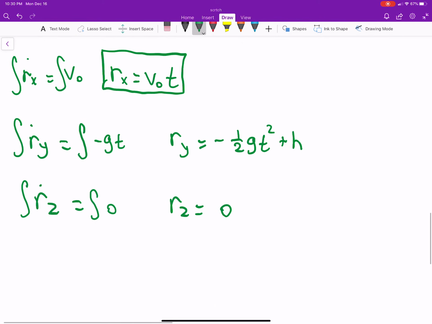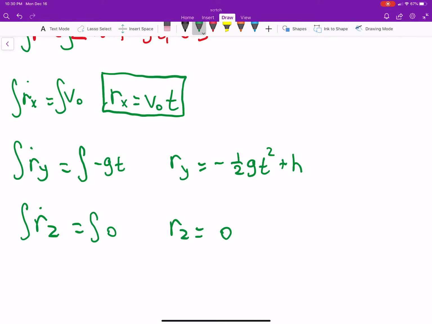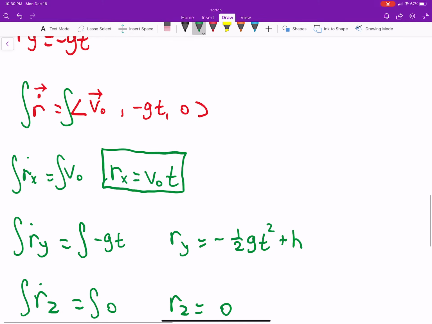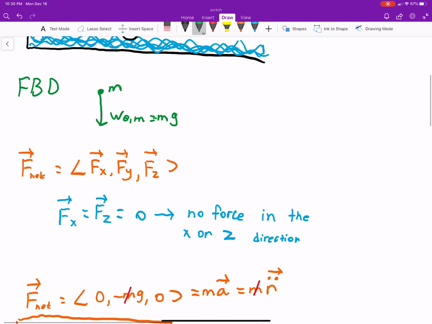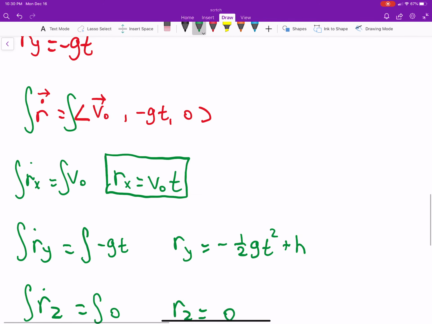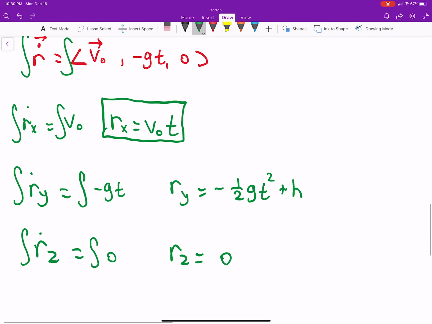Okay, so just so we're all right with everything, all we did was for the first one, we just integrated both sides to get our position, which is v naught t plus c. And then as long as we let our initial position be at the plane, what we would get is Rx is equal to v naught t plus c, and at t equals 0, x equals 0.